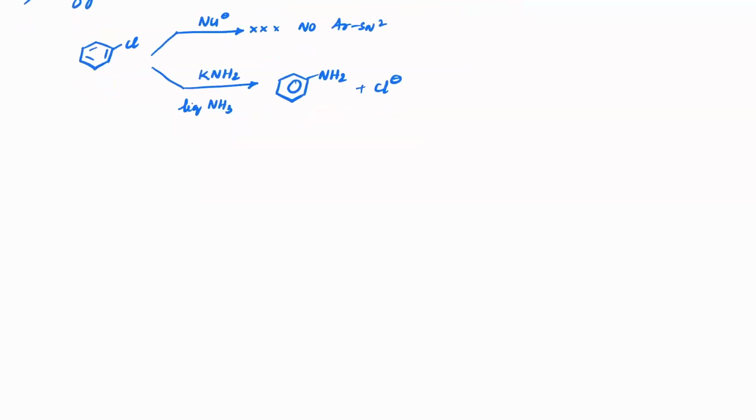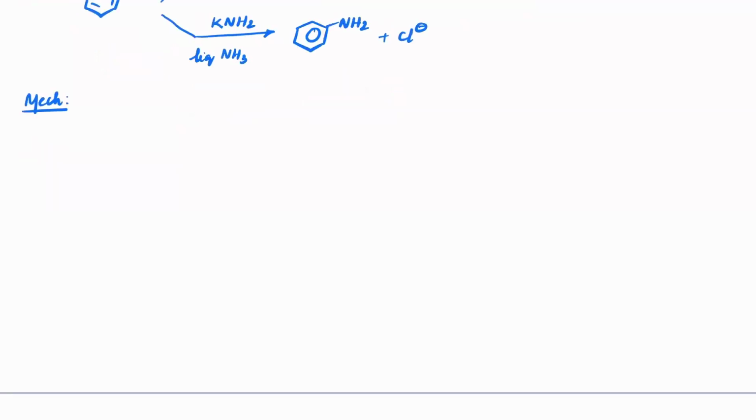Now let's try to figure out why it is happening and how it is happening. See the mechanism steps here. First, where there is chlorine, let me call this the alpha position, and adjacent to that we have a beta hydrogen also, like this. And NH2 being a very strong base, that's the important idea you should know, it should be a very strong base.